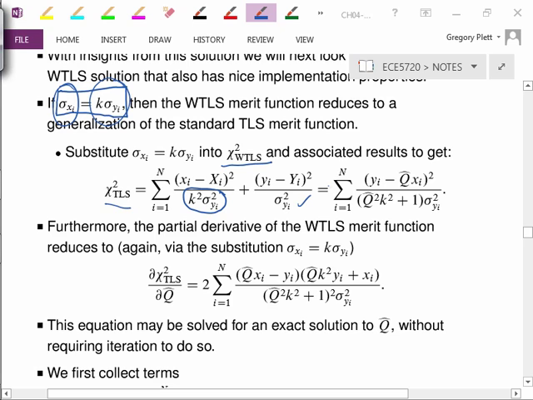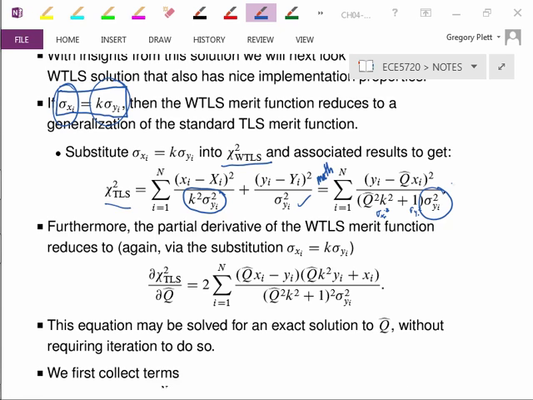Now I've got things that are not really over the same denominator, but I can go through all the math that we did before. There's a lot of math here. But we had a result before where I had a sigma y_i squared and a q squared times sigma x_i squared, and I again replace the sigma x_i squared with k squared times sigma y_i squared, and that allows me to factor out this sigma y_i from that term. And that is what ends up being key to coming up with a computable solution.